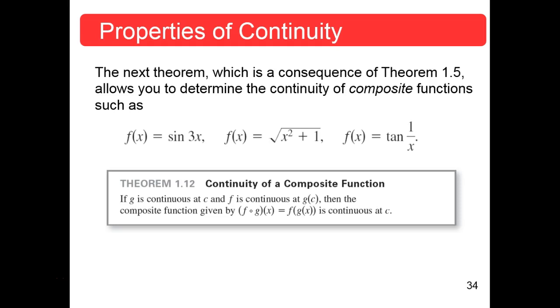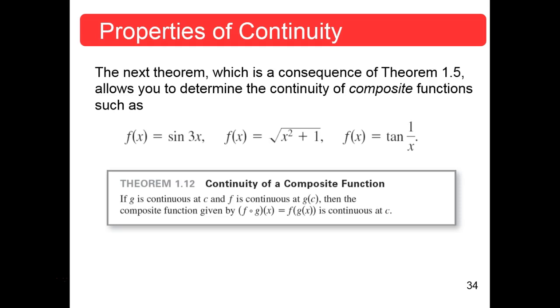So here's theorem 1.12, continuity of a composite function. If g is continuous at some value c, and there we would have our g being 1 over x, so it couldn't be 0 for it to be continuous at that, and f is continuous at g of c, so as long as g of c was not pi halves or any half pi, because f has to be continuous there, then the composite function given by f composed with g of x, which is f of g of x, is continuous at c.